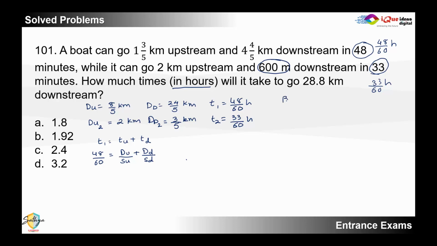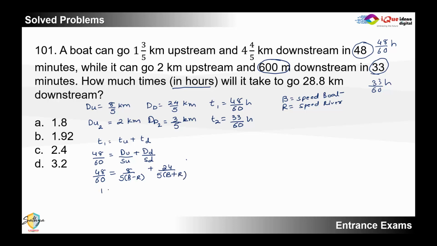If I take B as the speed of the boat and R as the speed of the river, then my first equation becomes 48 upon 60 is 8 upon 5 into (B minus R) plus 24 upon 5 into (B plus R).